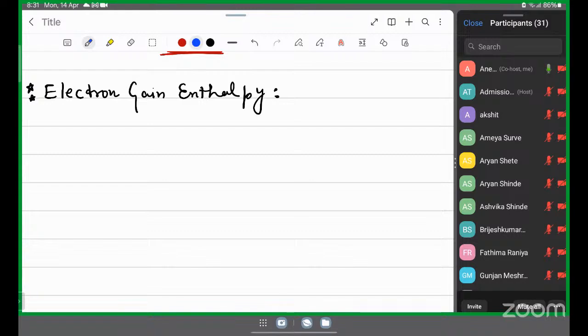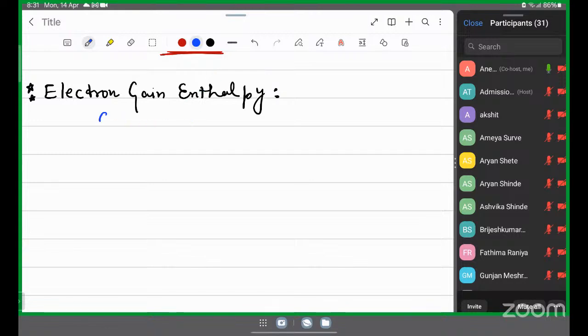Electron gain enthalpy is the enthalpy change when an isolated gaseous atom gains an electron.